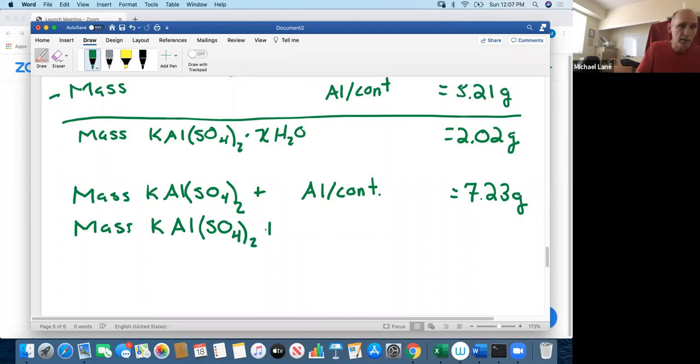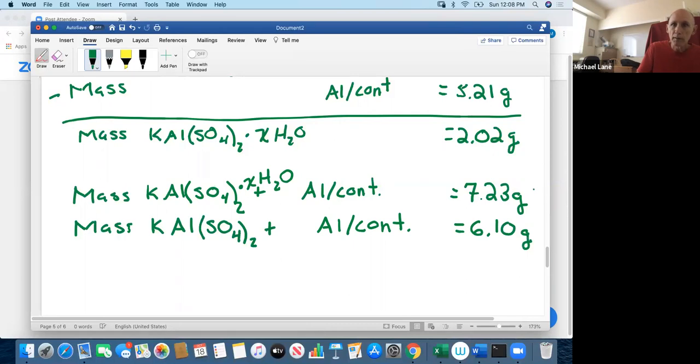It is the mass after your last heating. Pardon me, I see I need to correct something up here. Let me come right up there and put xH2O. And this equals 6.10 grams.